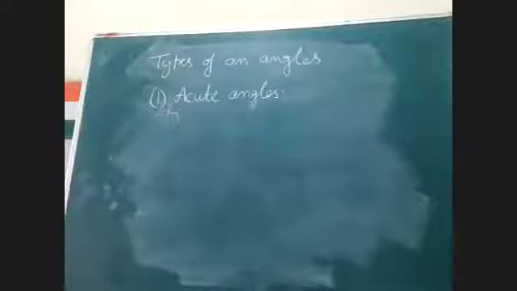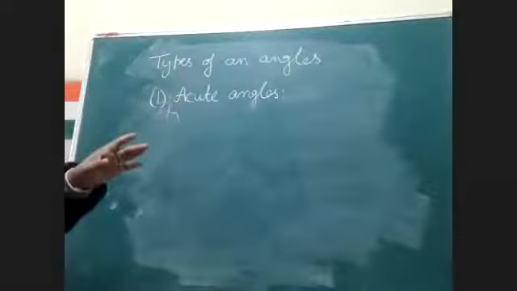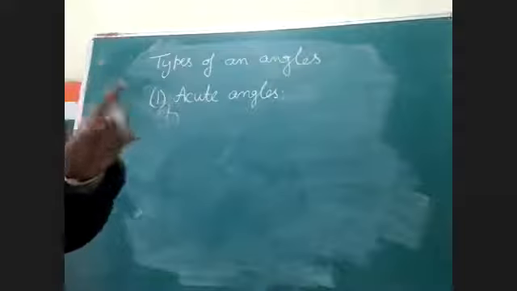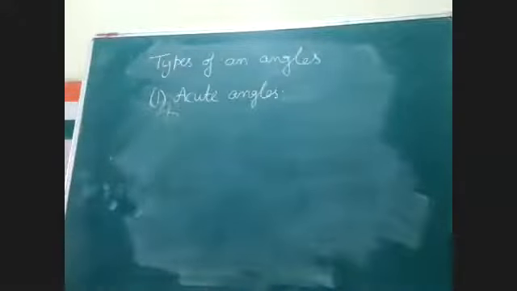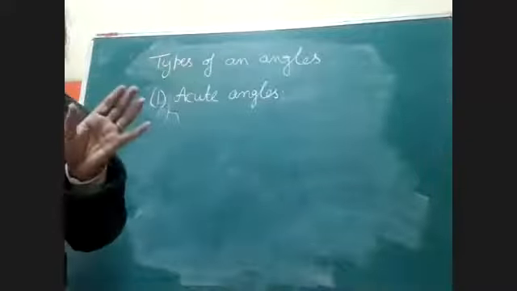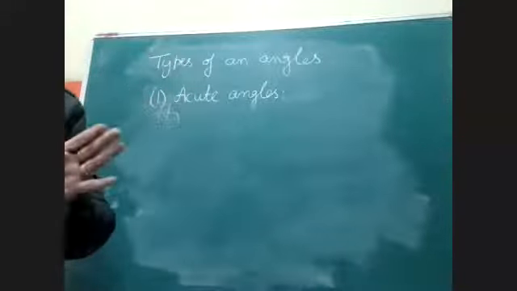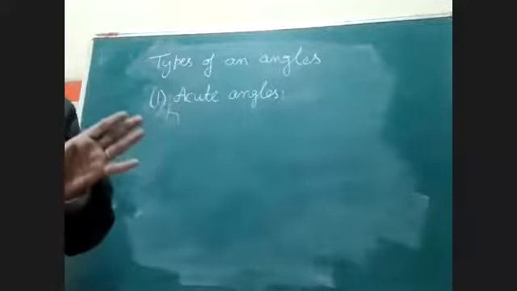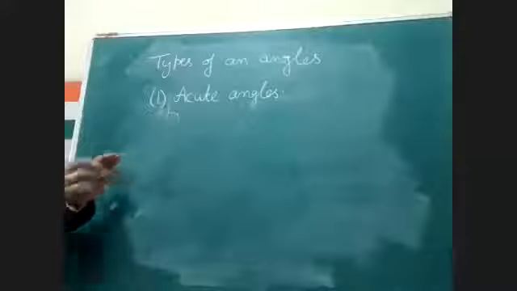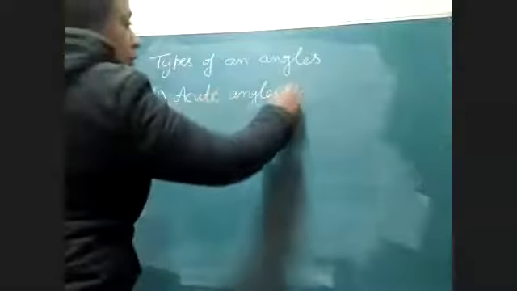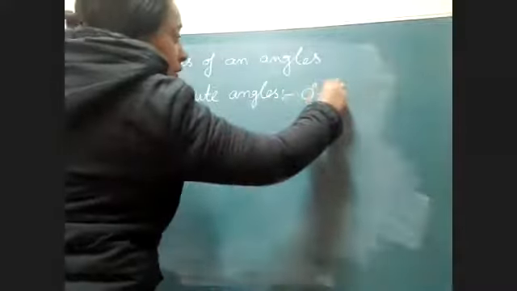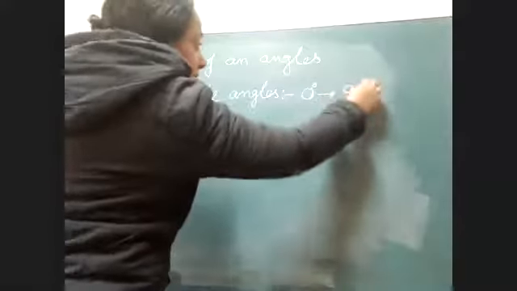In other words, we can say the angles which measure between 0 and 90 are known as acute angles.